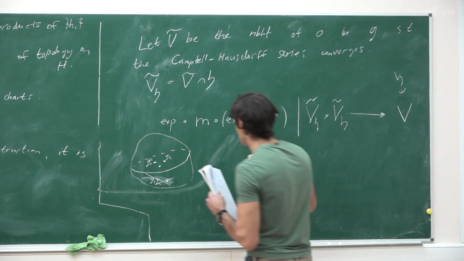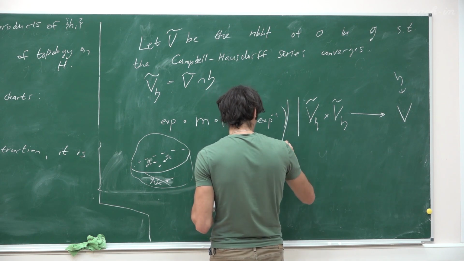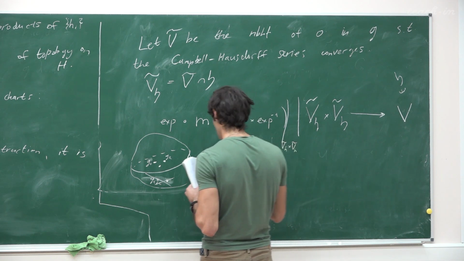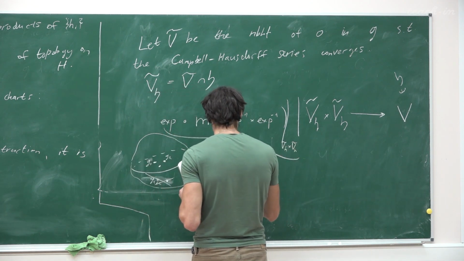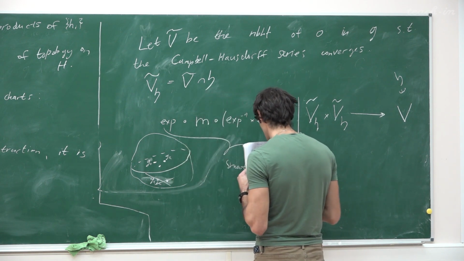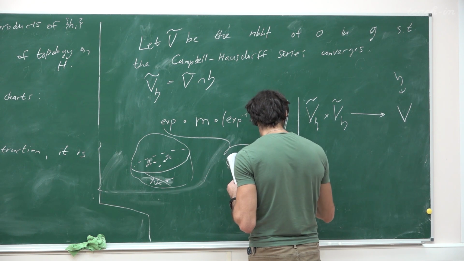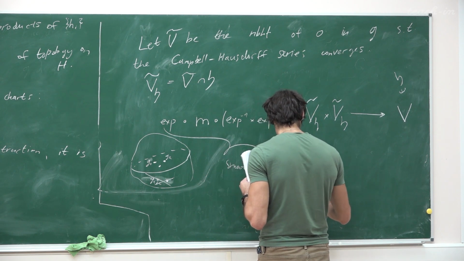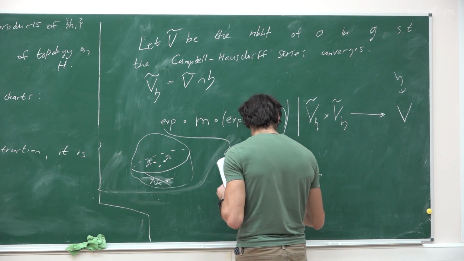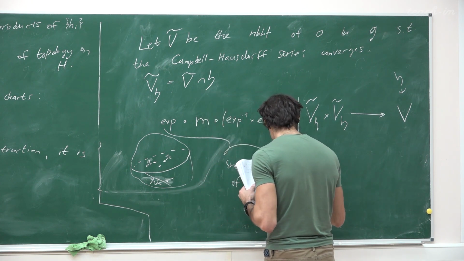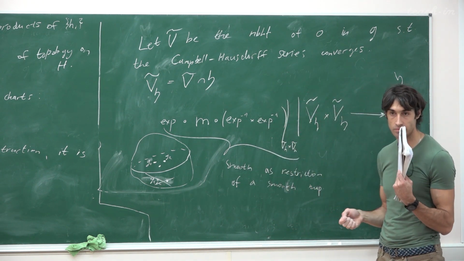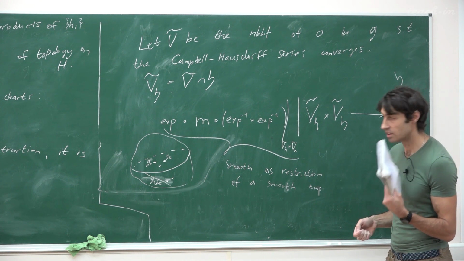But this thing, restricted to VH tilde times VH tilde, is smooth as a restriction of a smooth map. Okay? All right.